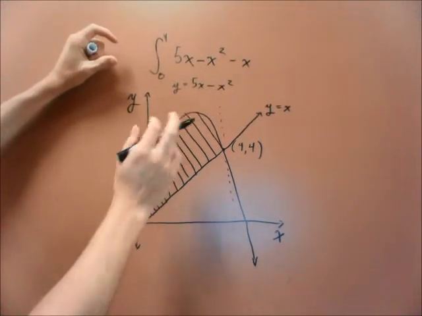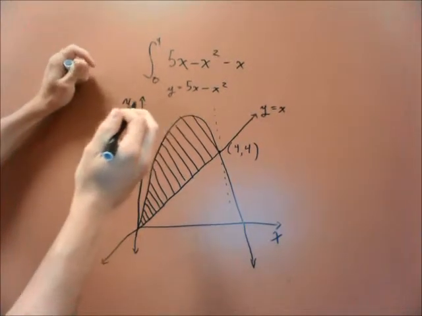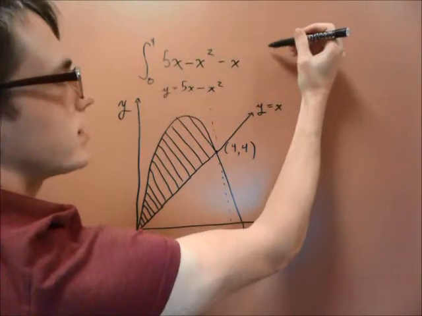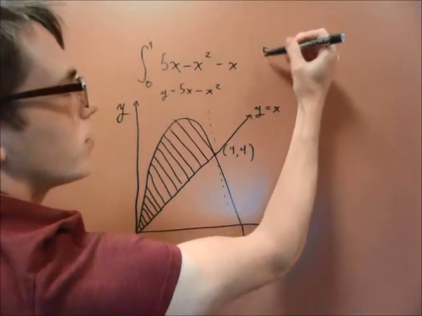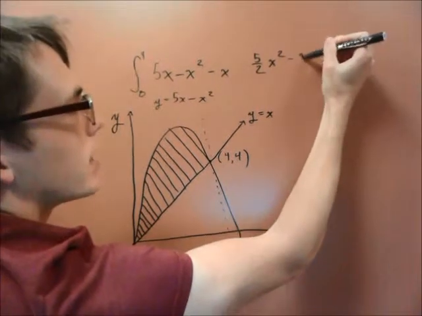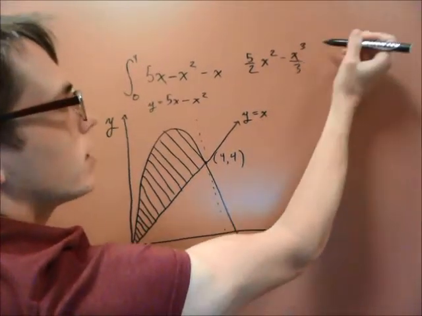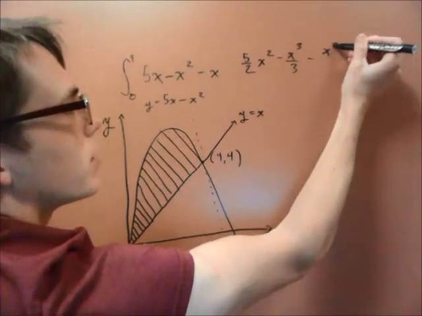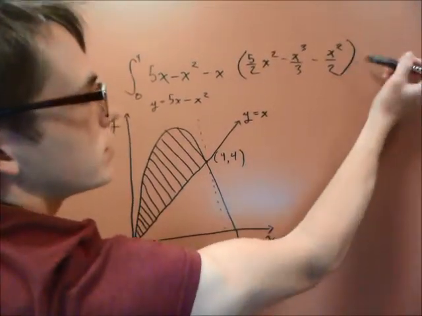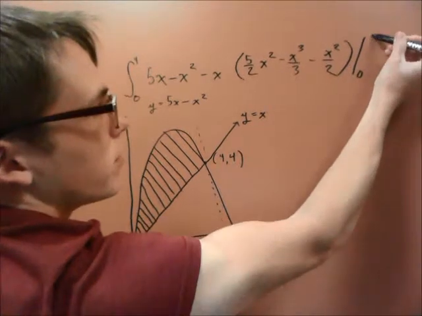So when you solve it out with algebra, you get 5 over 2 x squared minus x cubed over 3 minus x squared over 2, evaluated from 0 to 4.